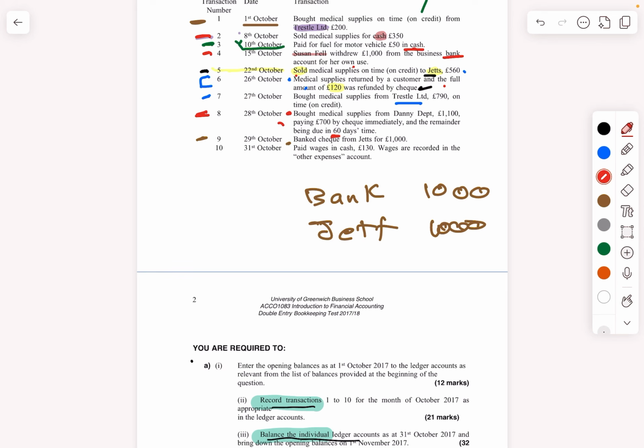So we received, that means it is debited, and Jet gave us 1,000, that means he is credited. We go under the bank, we already have the bank, we already have the Jet, we add under the debit side 1,000 under the name of Jet, and we go to Jet account and add 1,000 under the name of bank.